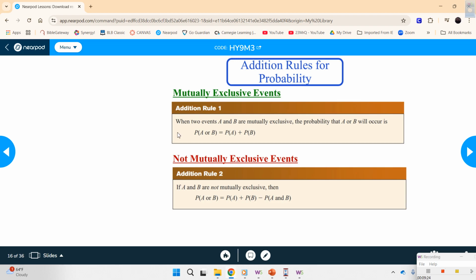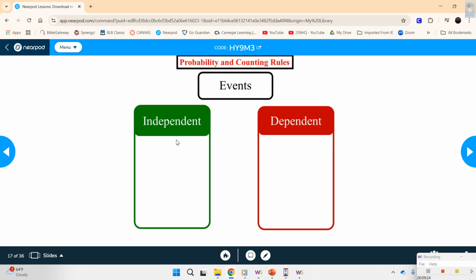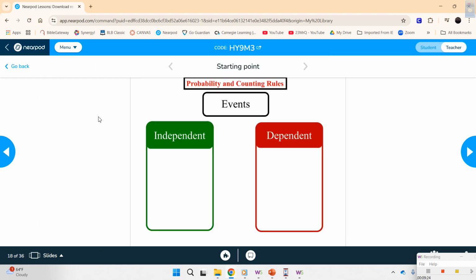The first one is A plus B. The second one is A plus B minus A and B. All right. From there we went to more events called independent and dependent. So type it in there: what are independent and dependent events? Go. Then I'm going to have Max share. Max, independent events are?